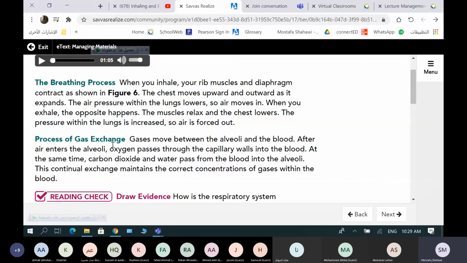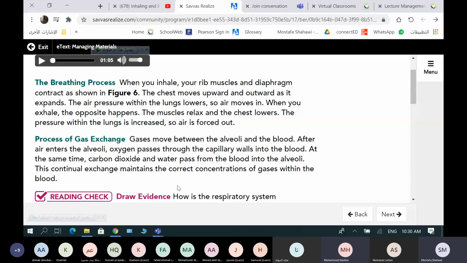Yes, one by one. We have come to the process of gas exchange. Gases move between the alveoli and the blood. After air enters the alveoli, oxygen passes through the capillary walls into the blood. At the same time, carbon dioxide and water pass from the blood into the alveoli.